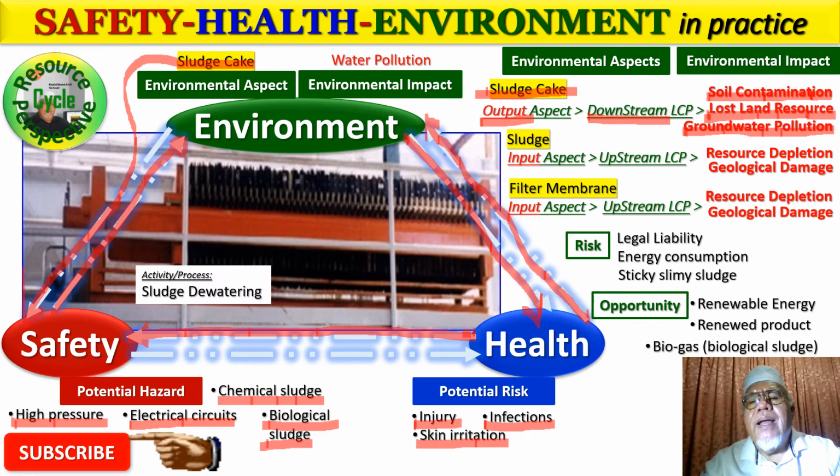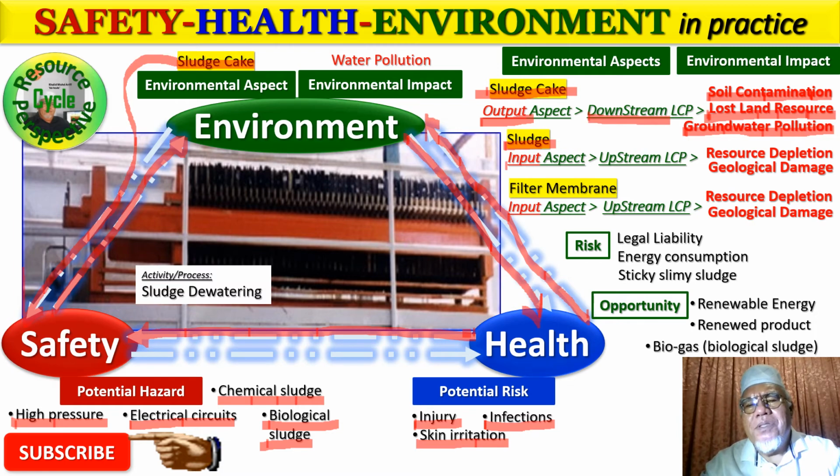Now let's take a look at slightly earlier than that. This is the sludge that is generated from the industrial effluent treatment system, perhaps a clarifier or a coagulation chamber. That sludge comes from industrial processes, and before it became sludge, it was once upon a time a raw material.